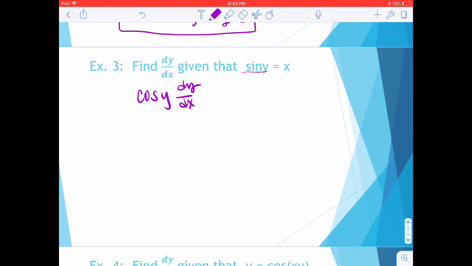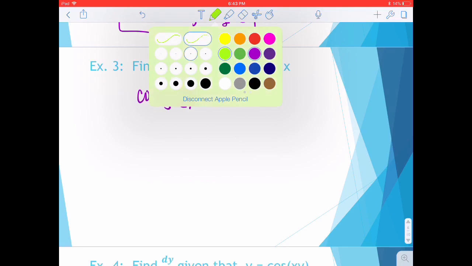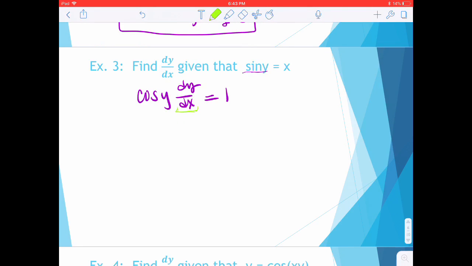And then we can just differentiate x as normal, right? So that's just 1. So then again, we're solving for the dy/dx here. So we can divide both sides by cosine y. And then we get dy/dx is equal to 1 over cosine y.